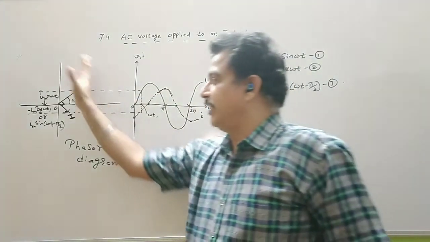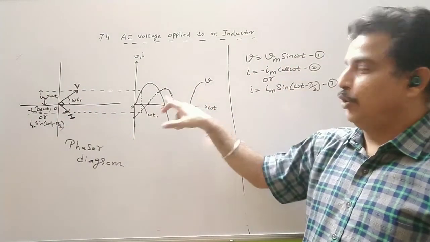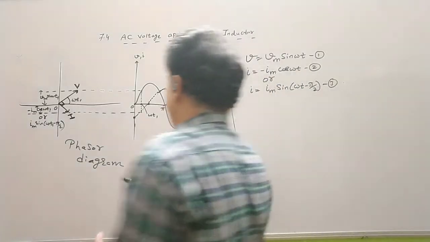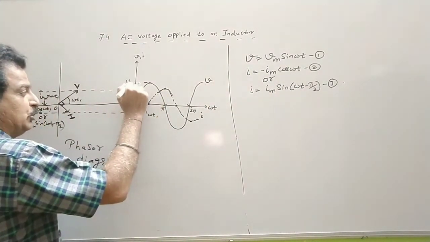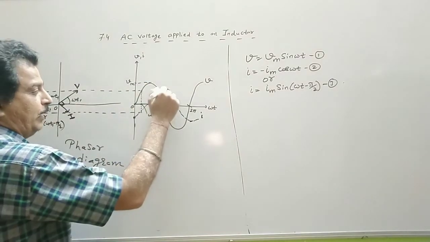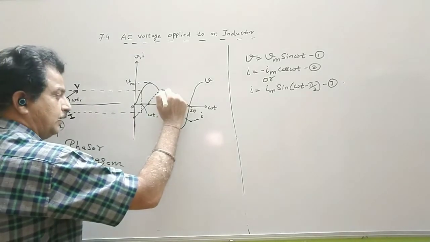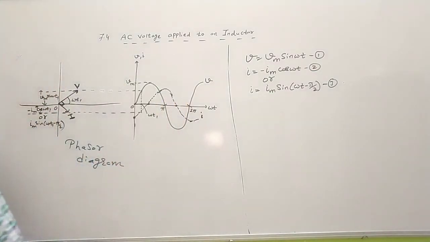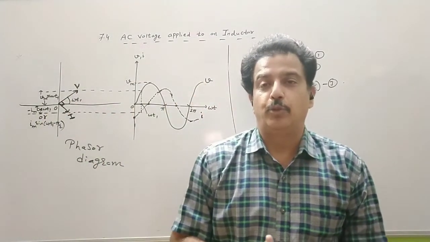As this phasor rotates anti-clockwise, it will produce this graph where these values are the peak values, Vm and Im, one maximum and the other minimum. So this is an AC voltage applied to an inductor.